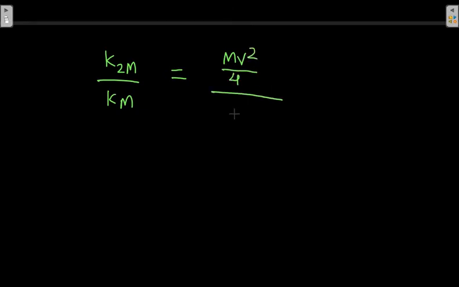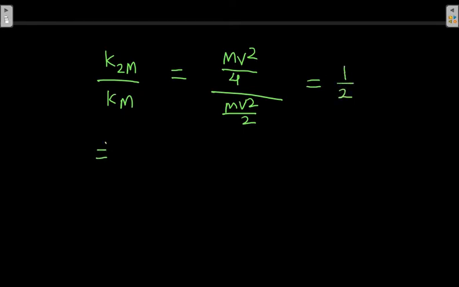Or we can write K_2m divided by K_m will be equal to m v square upon 4 divided by m v square upon 2, and that becomes half.